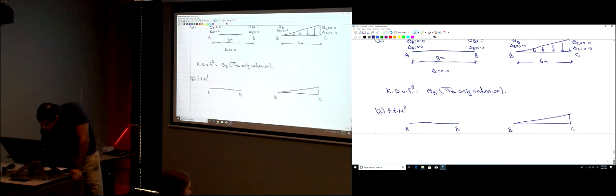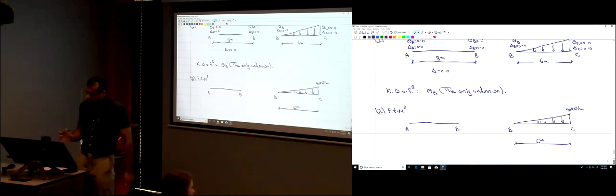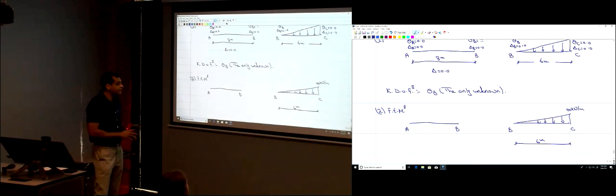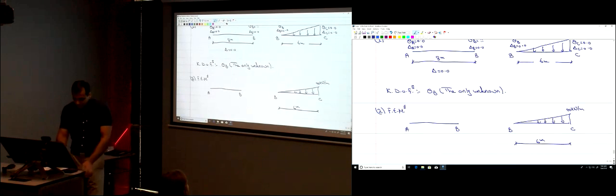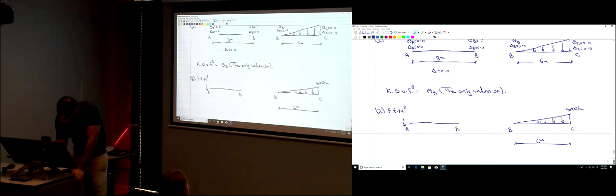Member BC, we had a triangular load of 40 kilonewtons per meter. The length of that member is 6 meters. Member AB, the length was 8 meters. Now we want to find the fixed end moment at each end here. I'm going to call this fixed end moment AB, and what would you call this one?